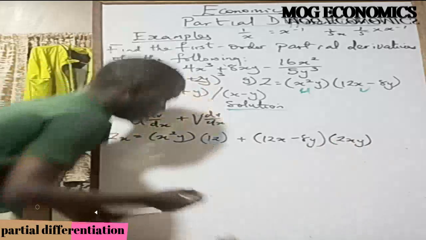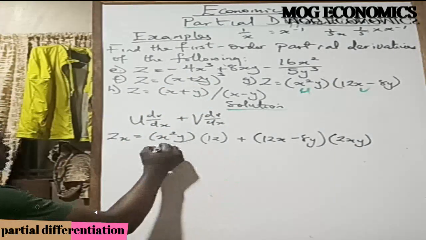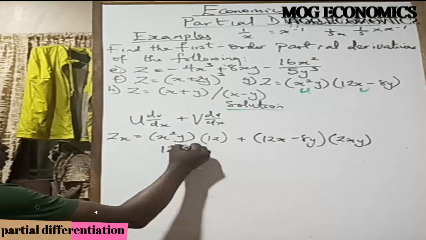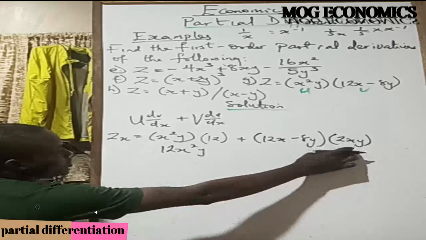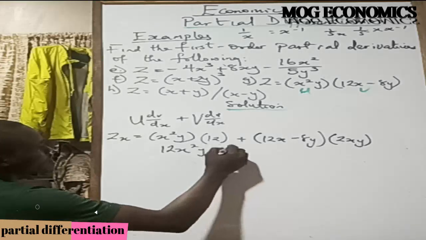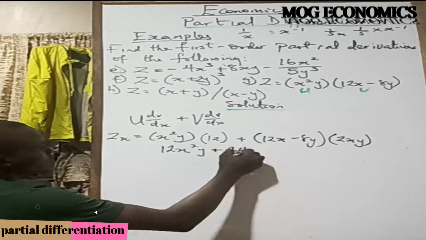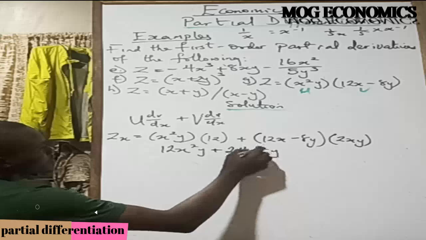So that's that. 12 multiplied by this, 12x squared y. Then we have to be careful here. 12x multiplied by 2xy, that's plus 24x squared y.